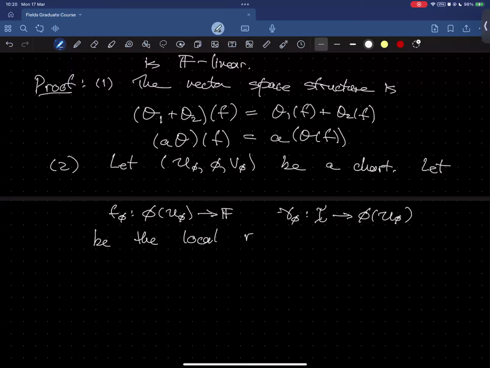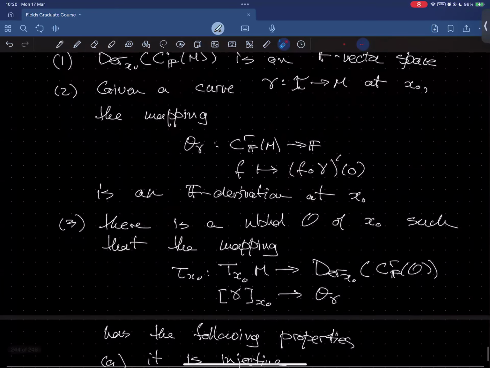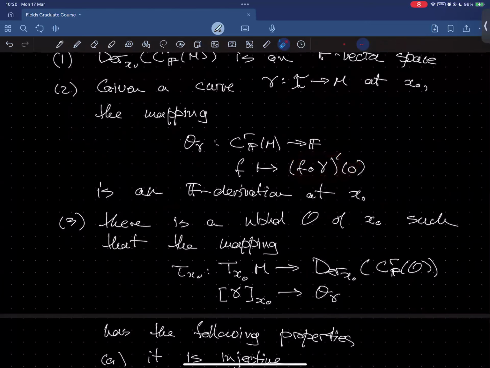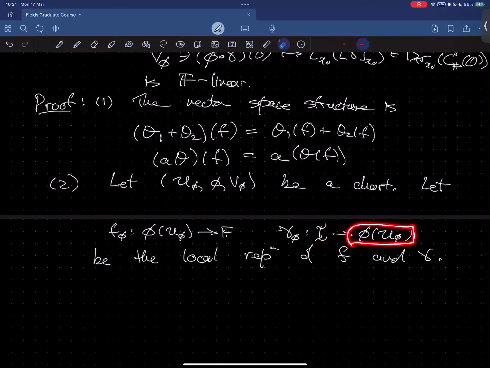I'm assuming here, because I'm only interested in differentiating this construction at zero, that I've gone ahead and shrunk I to guarantee that gamma takes its values inside the chart domain. So what are the local representatives?